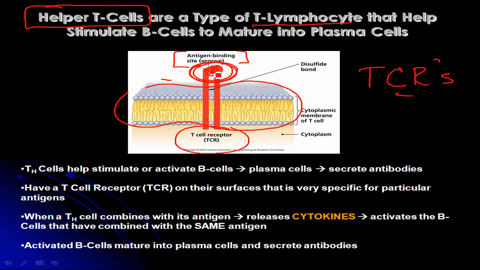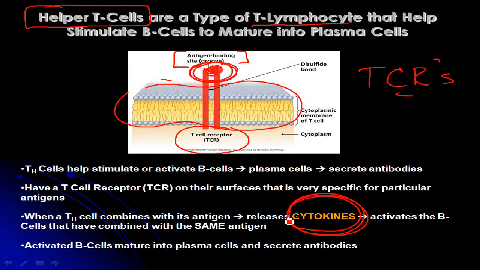Okay? So what happens is, if there is a helper T cell that also binds to that same antigen, the T cell gets activated, and then it is going to activate the B cell that has seen that same antigen, and it's going to do that by releasing cytokines. Remember, we talked about those a little bit before.